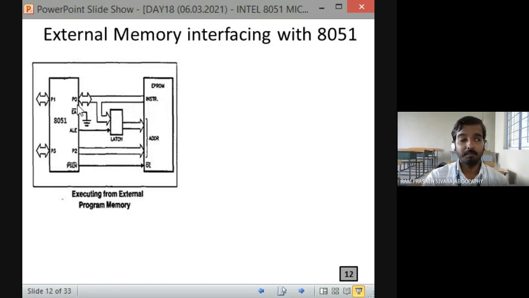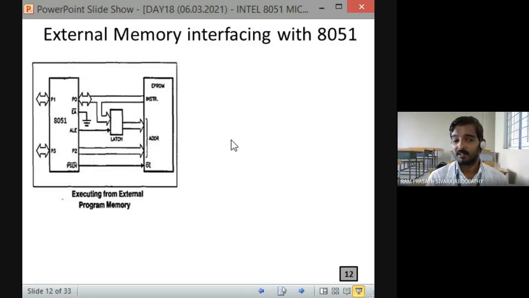The very important thing you have to see in this diagram is how to configure your 8051 microcontroller so that it will access the program from external ROM. Which hardware pin must be configured? If we want to access external memory, definitely we have to make one pin low.